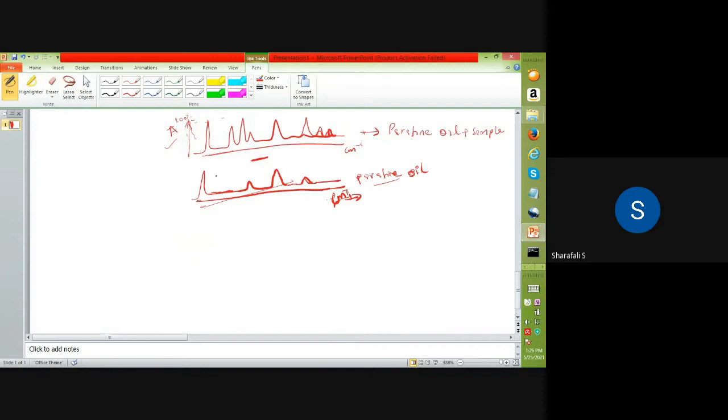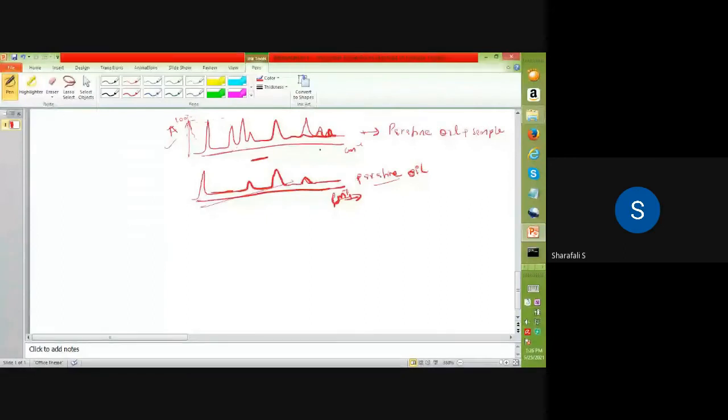Similarly, we have the paraffin oil, and corresponding to that spectrum we also have different values, 0.9, 0.8, like that, for different frequencies between 1 and 0. And that we have to subtract from the main spectrum of paraffin oil plus sample.